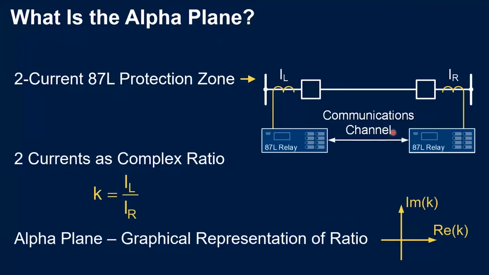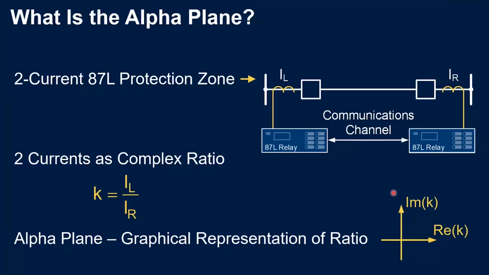We first calculate the operation point, named K in this case, by dividing the phasors of the local current and the remote current. And we plot that result, that operating point, in the alpha plane, which is an imaginary and real plane, as you can see here on the down on the right.